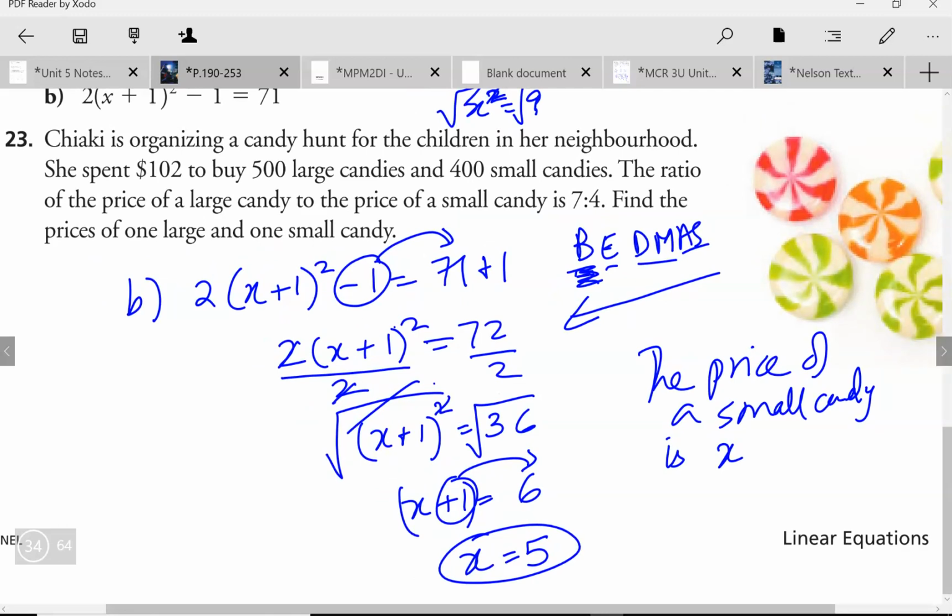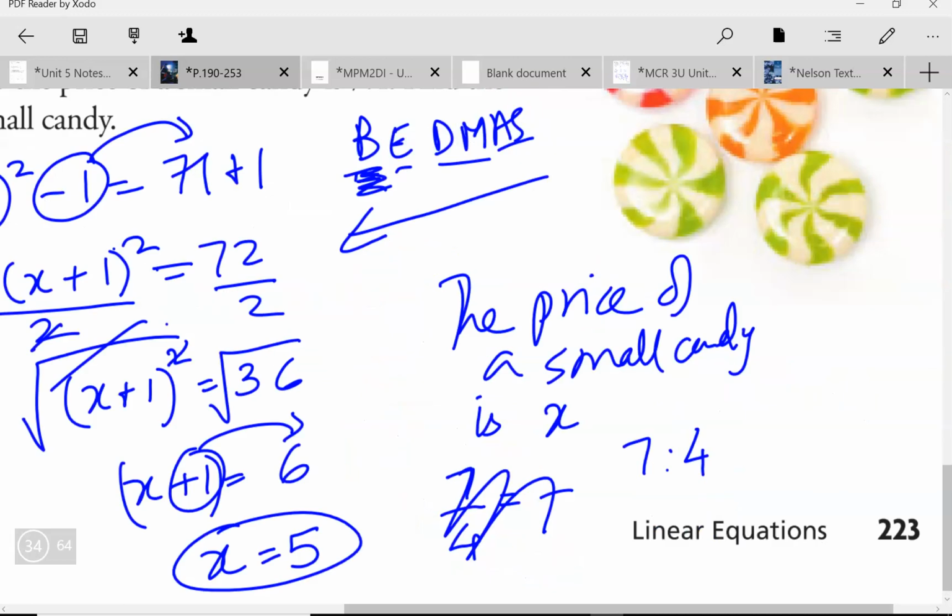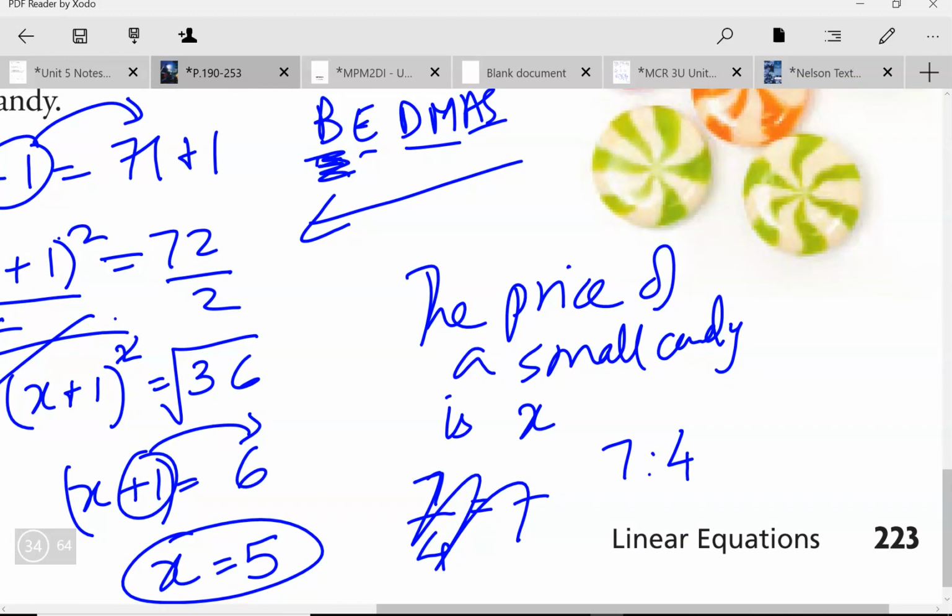7:4. So large candy divided by small candy is 7/4. I'm just going to show you how I would do it.